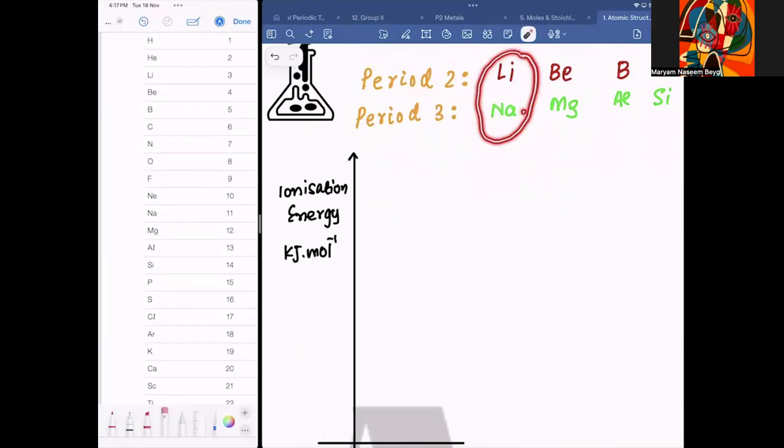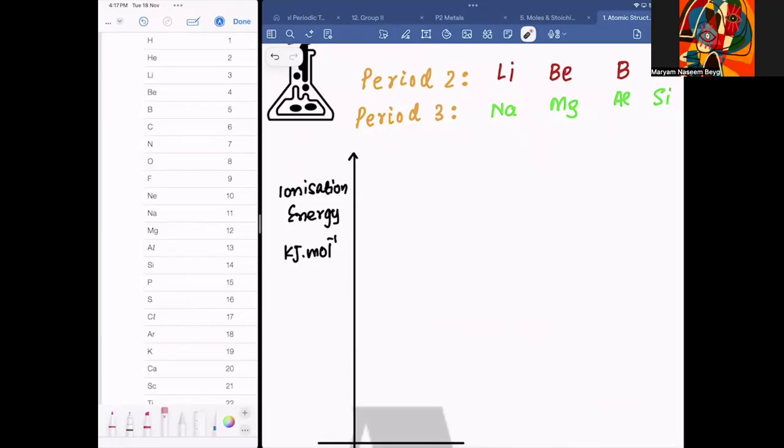Sodium has the lower ionization energy because of its greater size. The electron is far from the nucleus, and there is more shielding as compared to lithium. So down the group, the ionization energy decreases, and across the period, ionization energy increases.